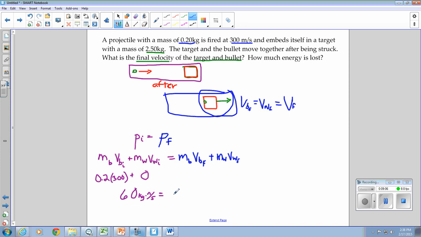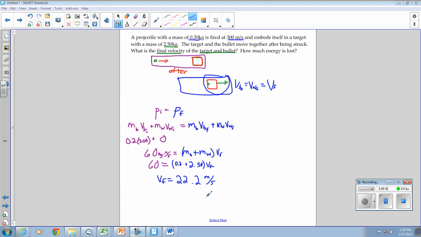And if we do that, then we have the mass of the bullet plus the mass of the wood times V final. This V final is what we're trying to solve for. So plug in the numbers for the masses and solve for V final. V final is equal to 22.2 meters per second.